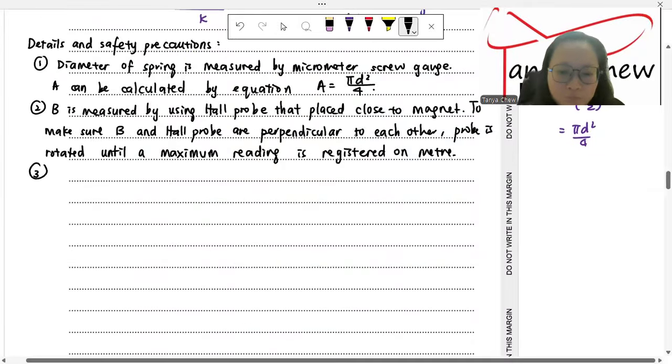Now, the third part, I want to measure K. I want to calculate K, right? First of all, I take the spring.